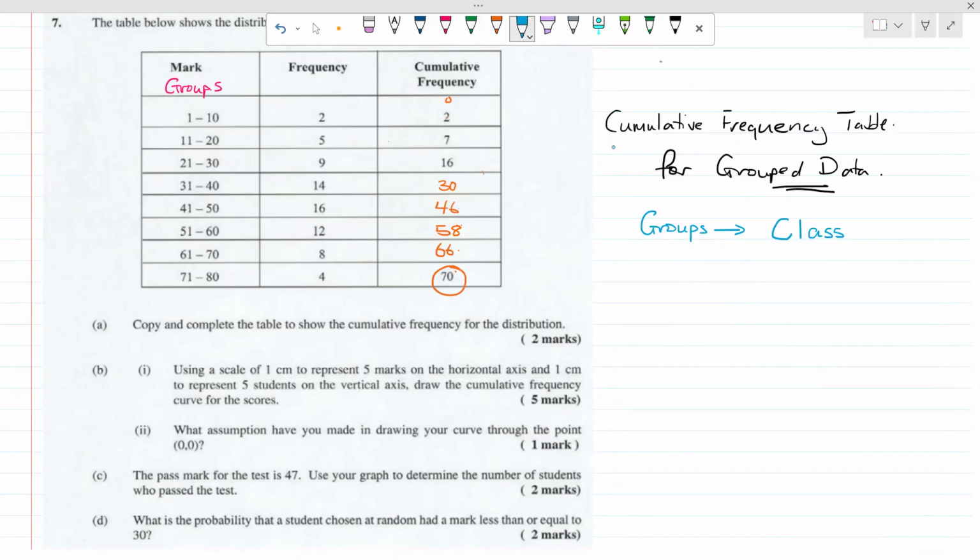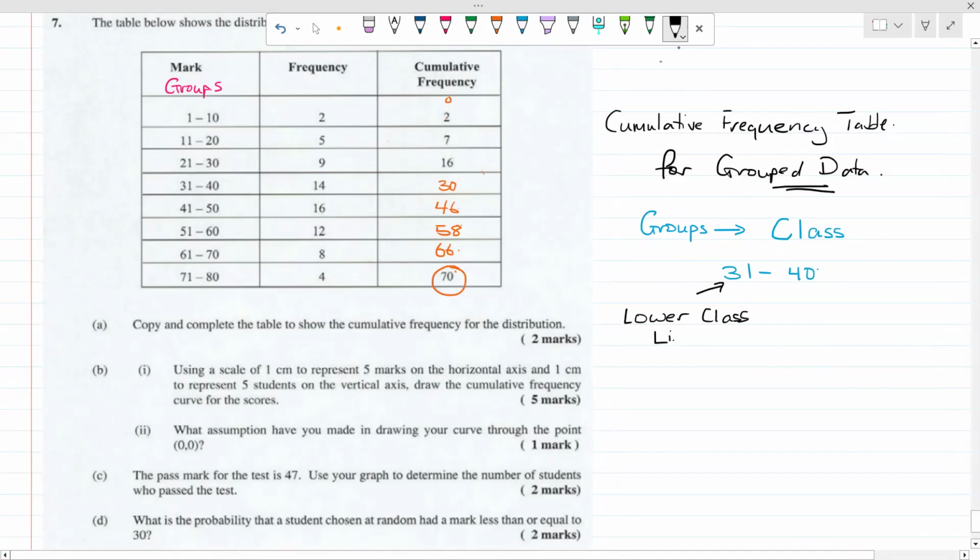Now in each class, let's take, for example, the class or the group 31 to 40. This lower value is called our lower class limit, right? This is what defines the class. And this is called our upper class limit. Everybody understand that?